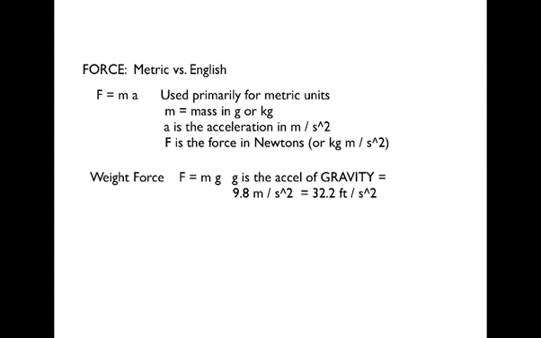In the metric system, that's 9.8 meters per second squared. So this is how things speed up when they fall. Every second, they go 9.8 meters per second faster than the previous second. The speed keeps increasing by 9.8 meters per second every second. Or in the English system, 32.2 feet per second squared.